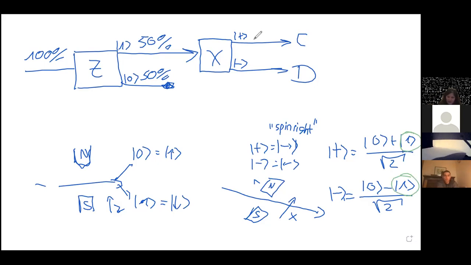So of this 50%, half of them go in the plus state and half of them go to the minus state. Half of 50% is 25%. So the solution is that 1/4 of the initial electrons will end up in C and 1/4 will end up in D.